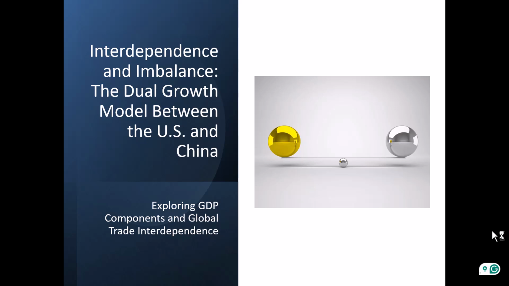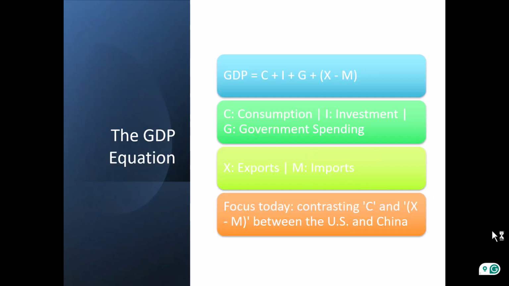So, interdependence and imbalance as it relates to the dual growth model between the US and China. And that's going to be done by exploring GDP and having a sense of global trade interdependence. We want to have a full conversation on that.